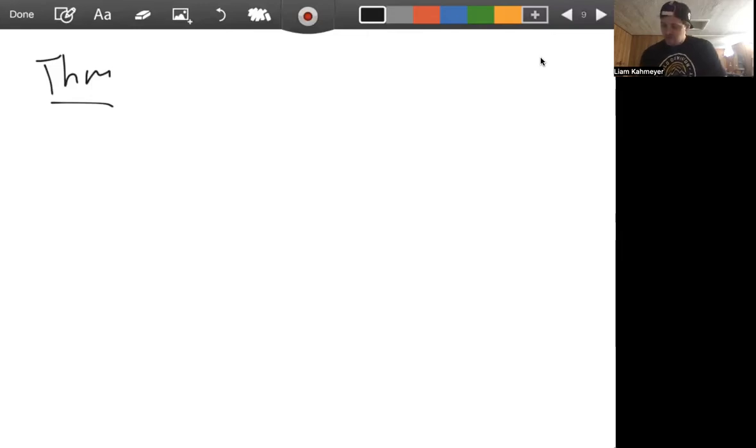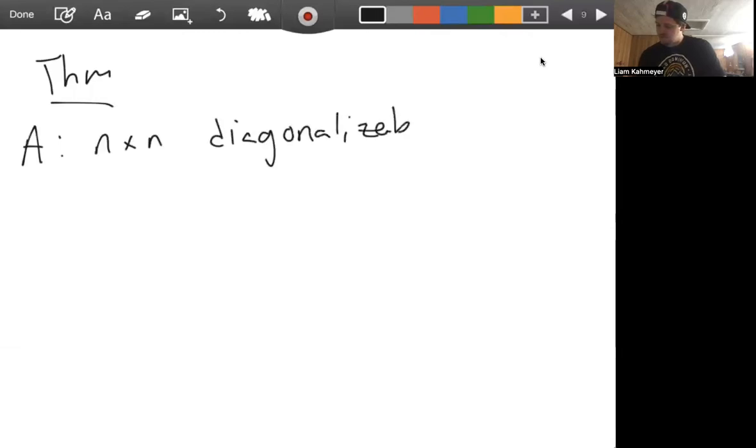So let A be an n by n diagonalizable matrix. Then this implies, so let's make this a more grammatically correct statement.